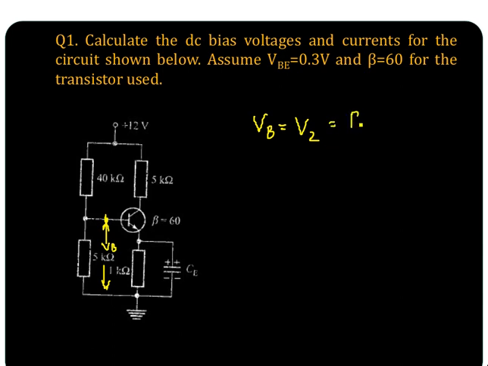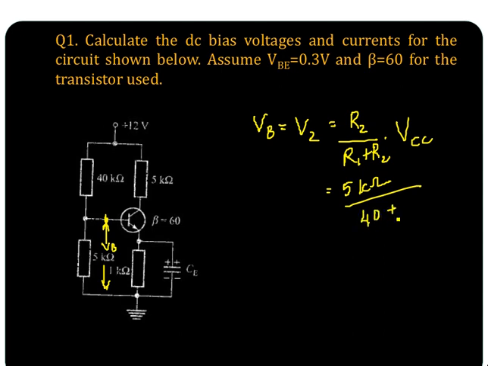So this is equal to R2 by R1 plus R2 into VCC, voltage divider. R2 is 5 kilo ohm, R1 is 40 kilo ohm, so 5 into 10 raised to 3 into VCC, which is 12 volt. So you will get V2 as 1.3 volt.